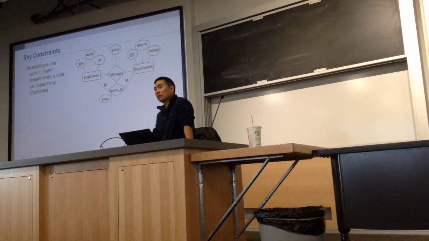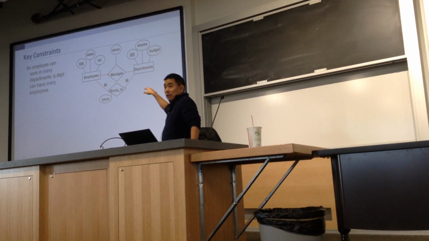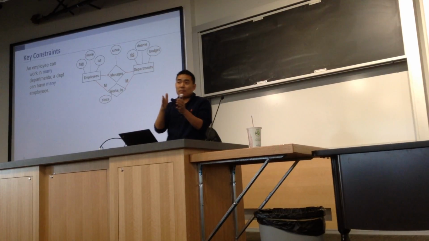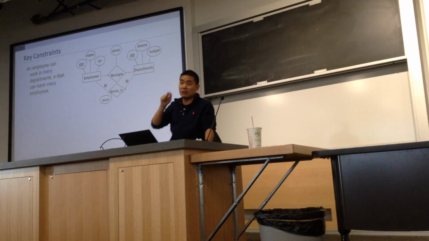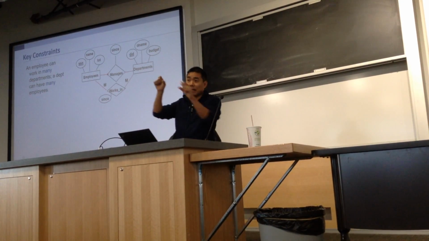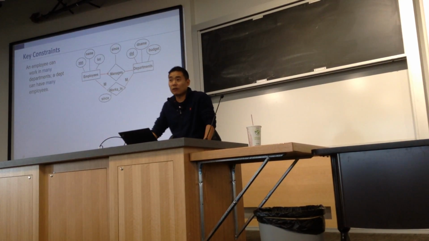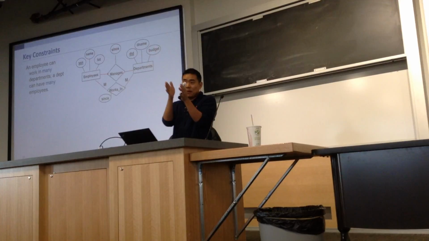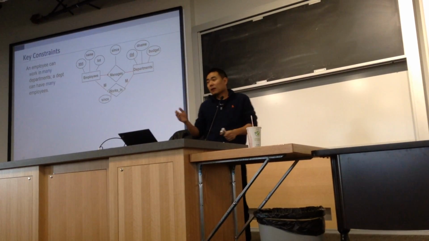Drop the second part, because looking at this relationship only, it doesn't tell you whether one manager can have multiple employees under them. But combining the two, yes, that's implied because each department has multiple employees working for it. But by dropping that second statement, what he said is right. Let me repeat what he has said.